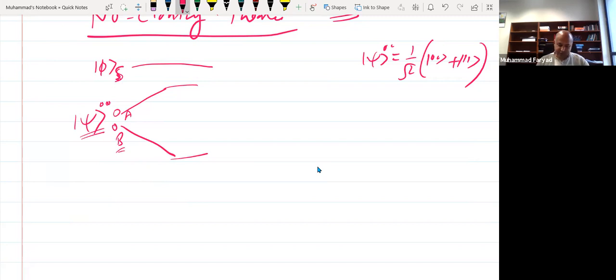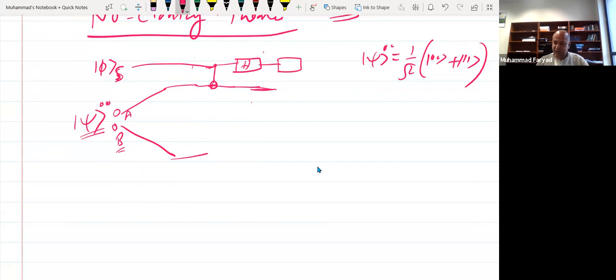So the circuit is that I perform a controlled X operation between this first qubit and one of the entangled qubit, and then I perform a Hadamard on the first qubit. Essentially, this part is measuring in the Bell basis, and then I measure this one.